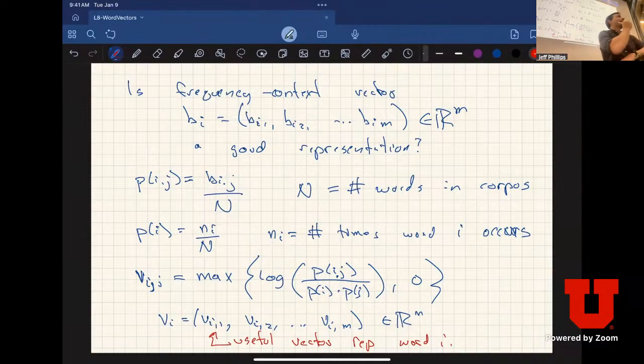Yeah. I guess using your example, if i were fox and j were dog, you would expect Vij to be relatively large. Well, not necessarily. Would fox and dog appear in the same sentence near each other? They wouldn't necessarily co-occur, but we would say "the dog jumped" and "the fox jumped."